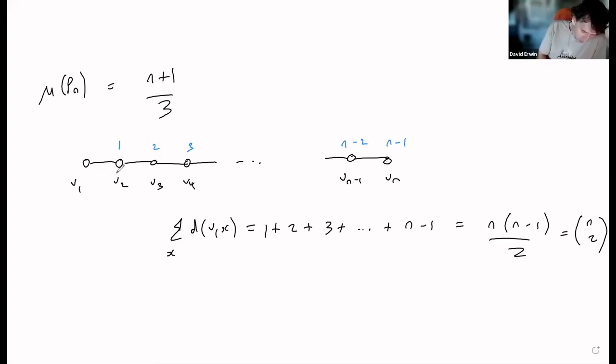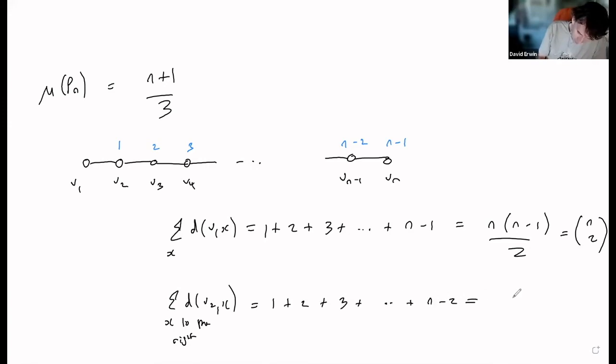So the sum over all x to the right of the distance from v2 to x gives the same thing, 1 plus 2 plus 3 plus, but now we stop at n minus 2. So this is n minus 1 choose 2. And so we keep going like this.